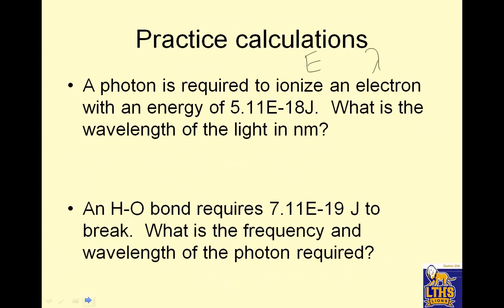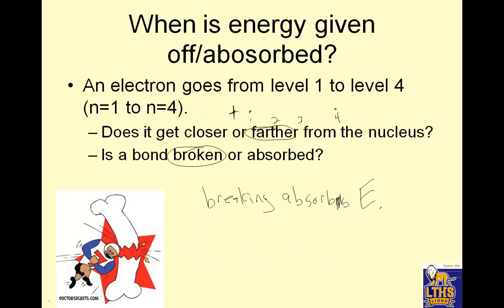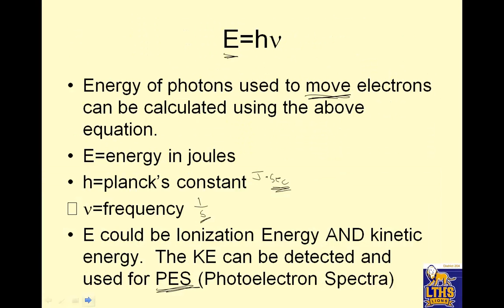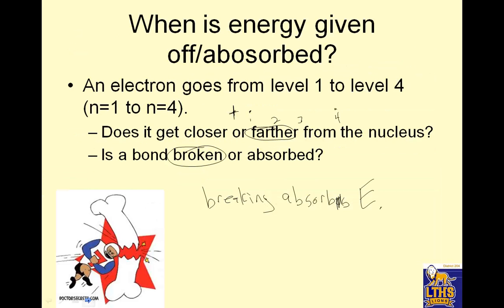Oh, I'm not even there. I used the wrong one. E equals h, was it lambda? h nu. Let me double check that. E equals h nu. That's it.